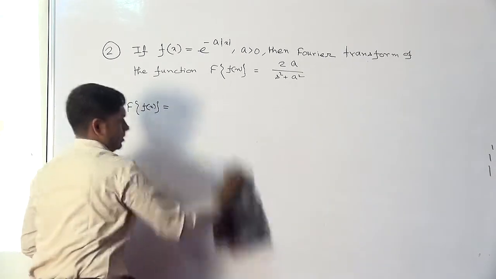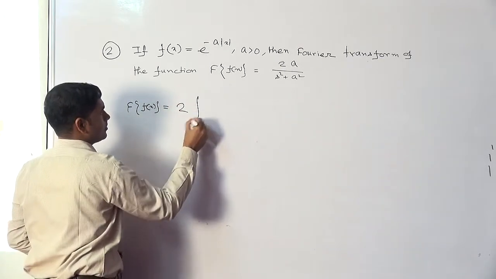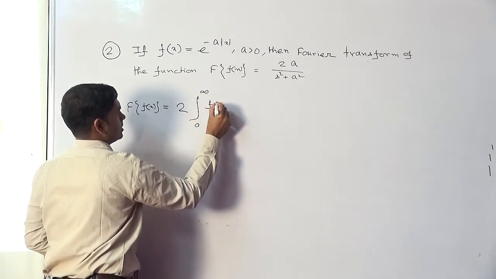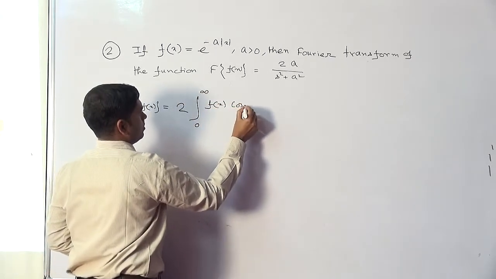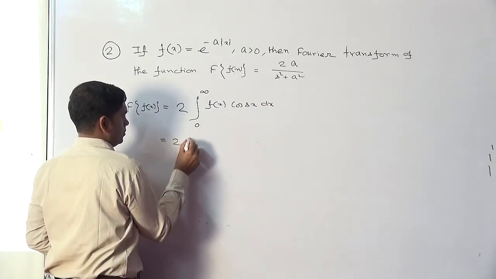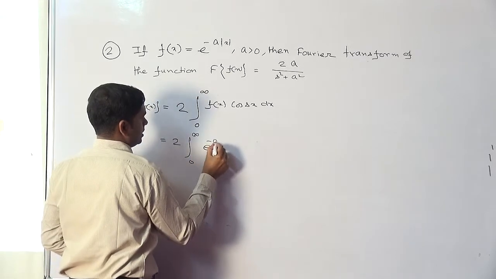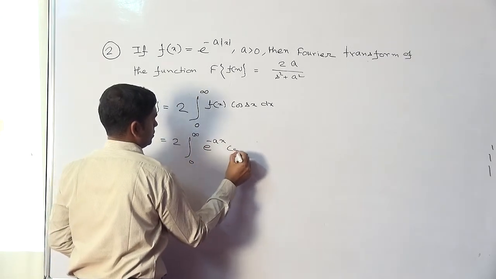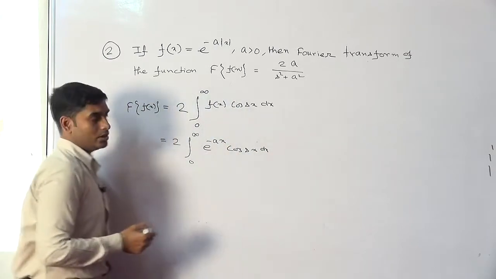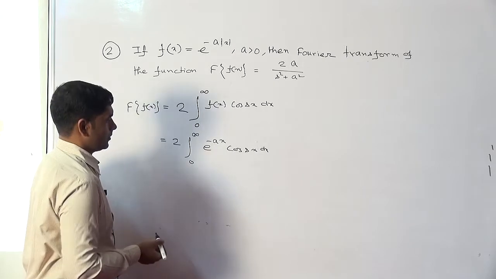So F of s is twice the integral from 0 to infinity of f(x) cos(sx) dx, which is twice the integral from 0 to infinity of e to the power minus ax cos(sx) dx. We remove the mod because now the region of integration is positive.